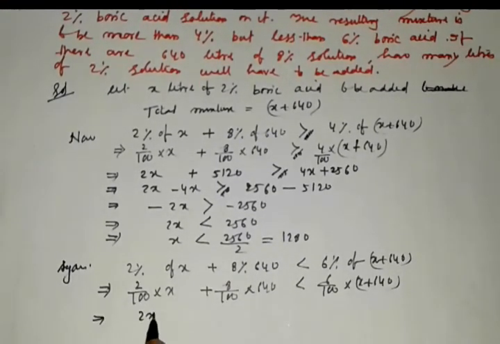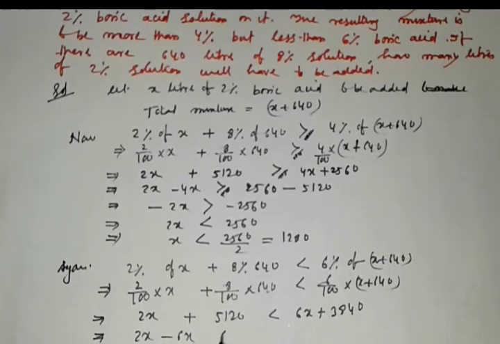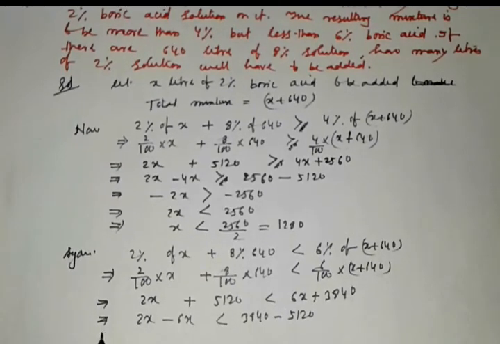We can cancel 100 from both sides. We have 2x plus 5120 less than 6x plus 3840. This is 2x minus 6x less than 3840 minus 5120.